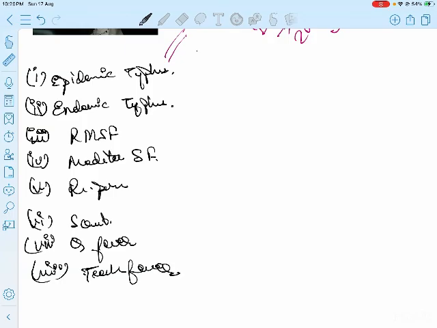These 8 are the most important ones that we have to remember here. So we have to remember the vectors and the causative agent of all of these.